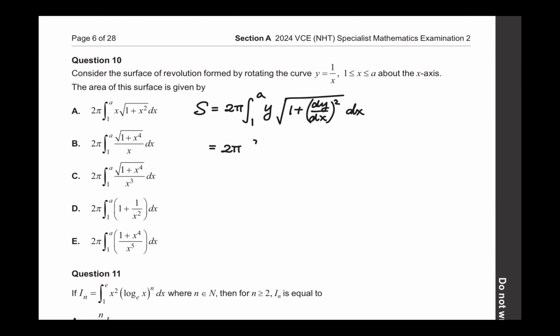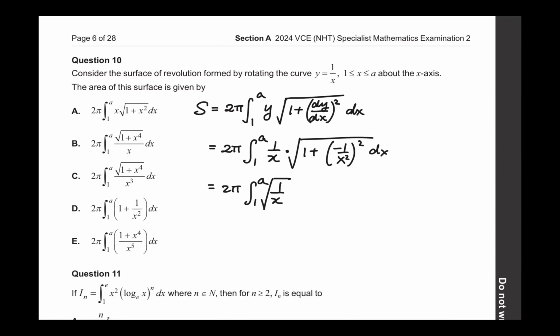Now you should be able to get 2 pi, 1 to a, 1 over x times the square root of 1 plus negative 1 over x squared, whole thing squared, dx. Then you just tidy everything up. 1 to a, 1 over x. And you could write 1 over x as the square root of 1 over x squared. And then you get another square root, 1 plus 1 over x to the power 4, dx.